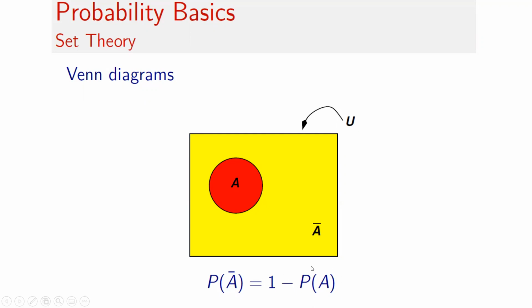Because we have the universe and we are taking one part, and the sum of both parts is equal to 1, the sum of the probability of capital A and the probability of capital A bar. So with mathematics, we can say that the probability of capital A bar is equal to 1 minus the probability of capital A.